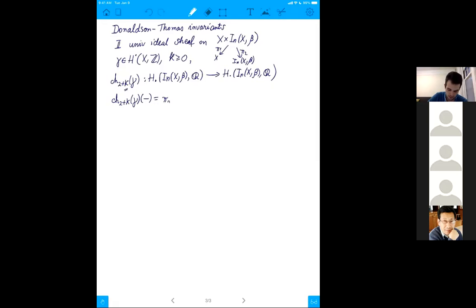So this is pi 2 lower star Chern 2 plus ki pi 1 upper star gamma intersect with pi 2 upper star.